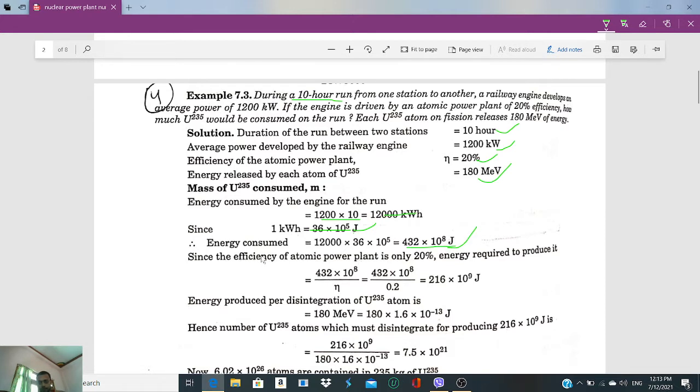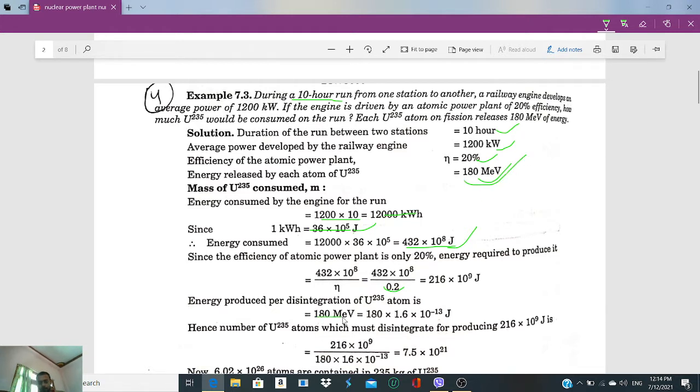And since the efficiency of the atomic plant is only 20%, the energy required to be produced will be 432 into 10 power 8 upon the efficiency 0.2, and after calculating we will get 216 into 10 power 9 joule. Similarly, the energy produced per fission is given in the question as 180 MeV.